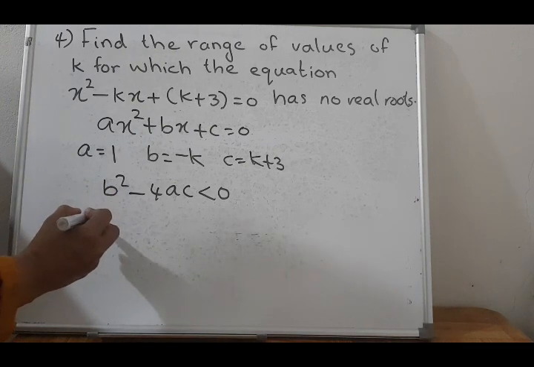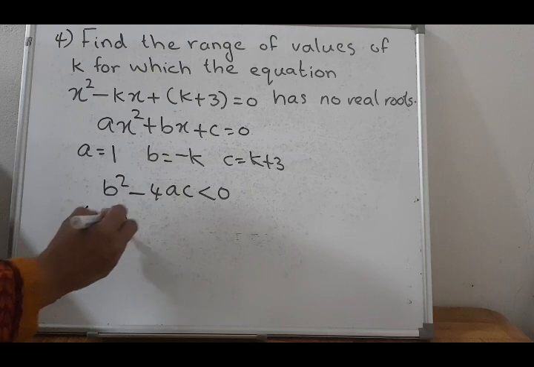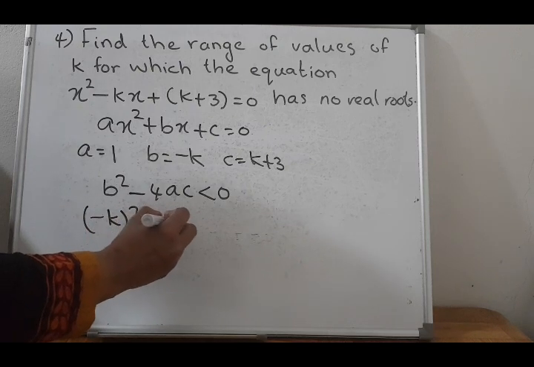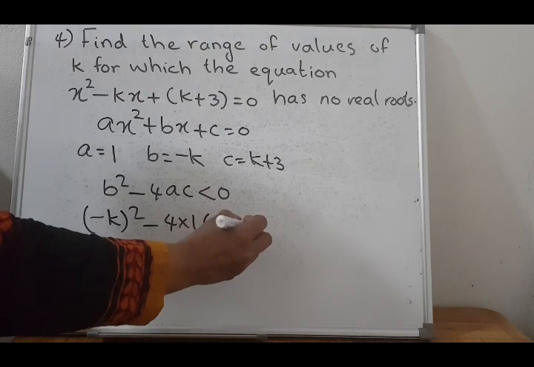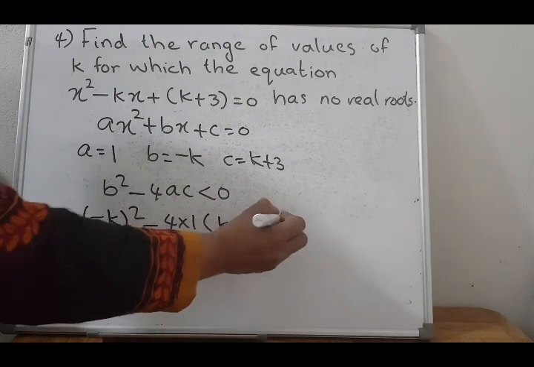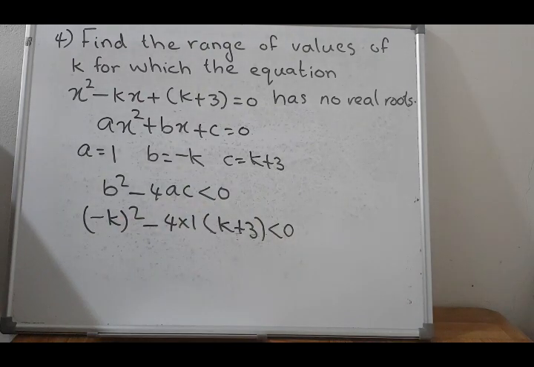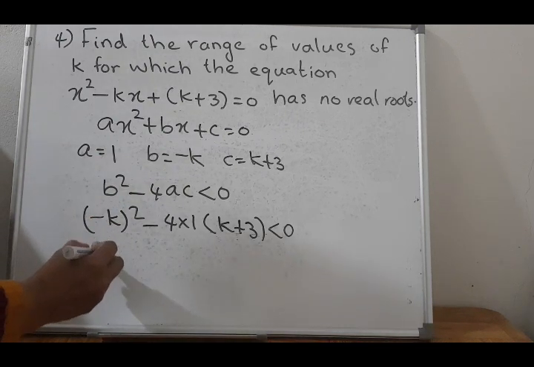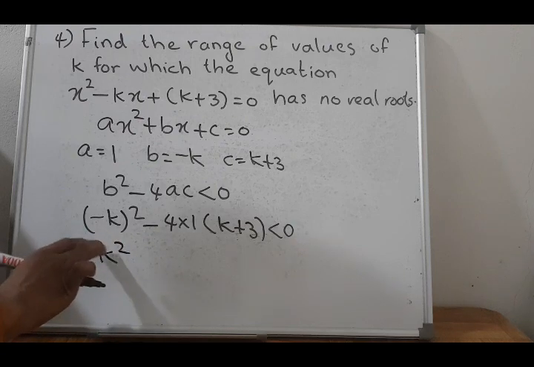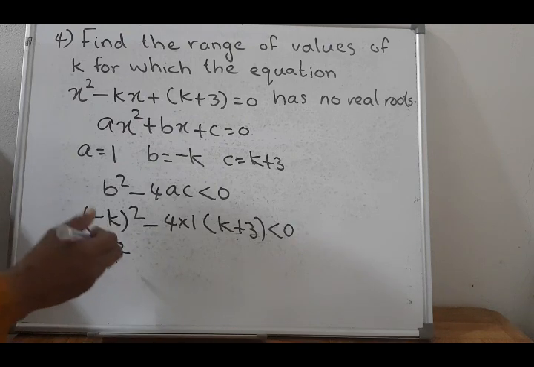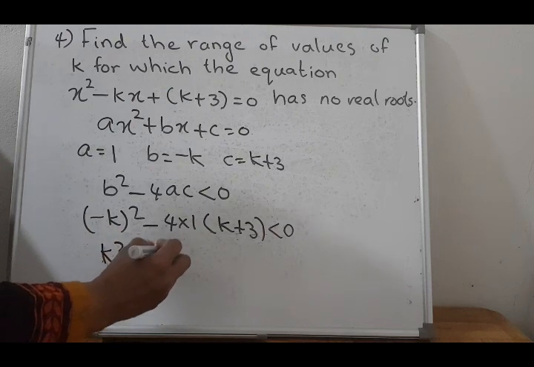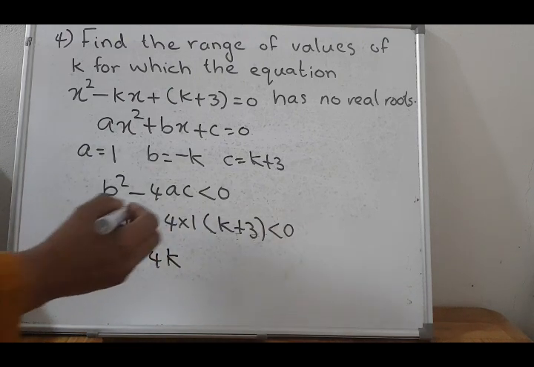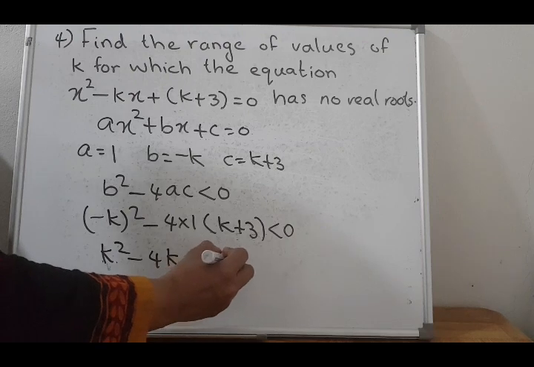So b is minus k, so (minus k) the whole square minus 4 times 1 times (k plus 3) must be less than 0. When we remove the bracket, we get k square minus 4k minus 12 less than 0.